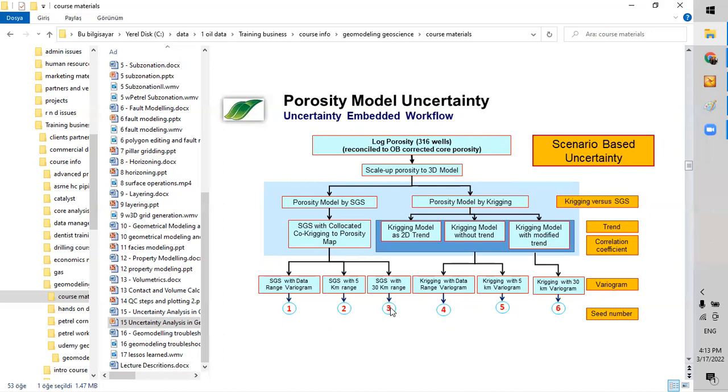Porosity is directly affecting the volumetrics. Your STOIP, initial oil in place, is your result. So there is a calculation of your STOIP, original oil in place, in the static model and in the dynamic simulation.